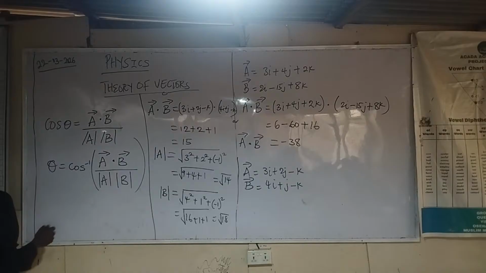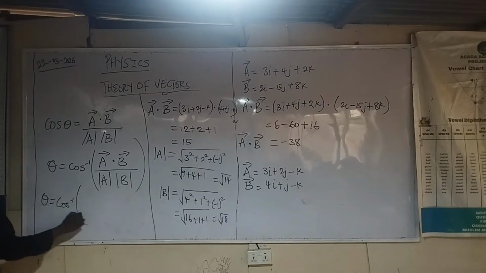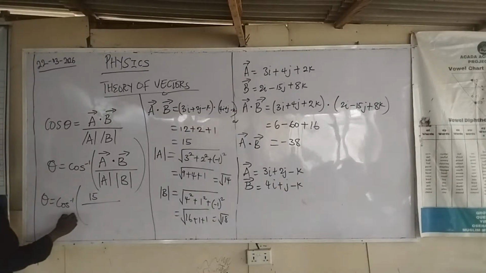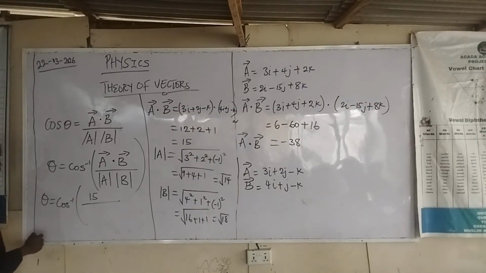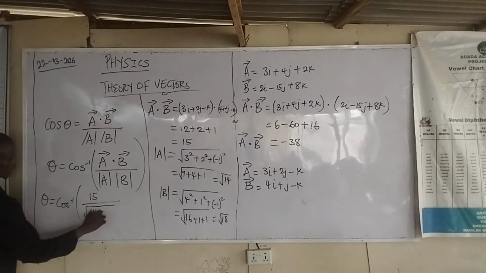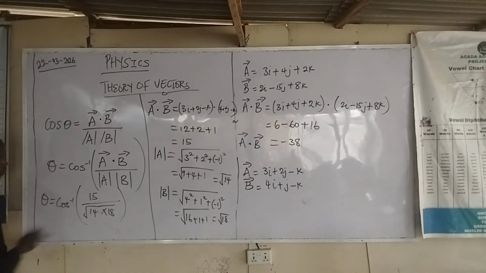So from there we can deduce that our theta is equal to cos inverse of 15 over root 14 times root 18.